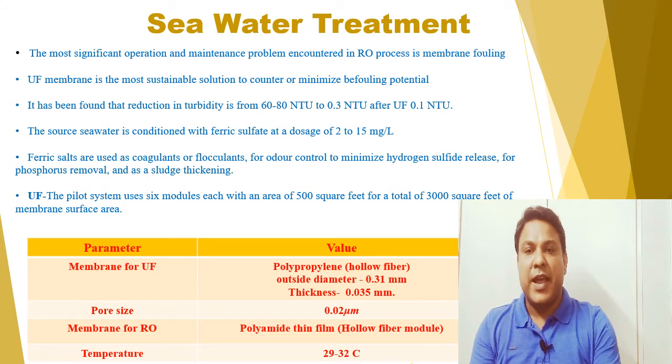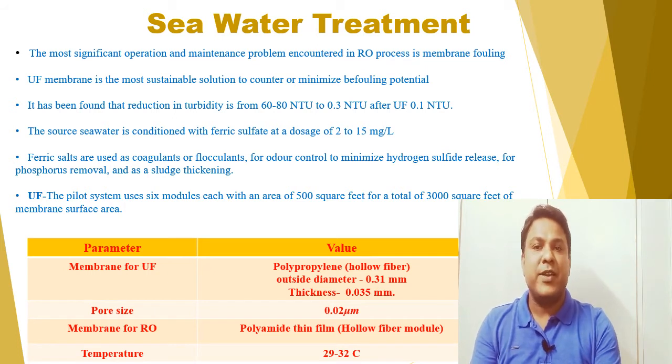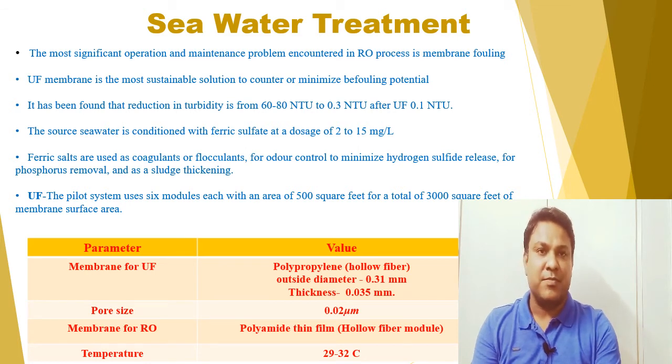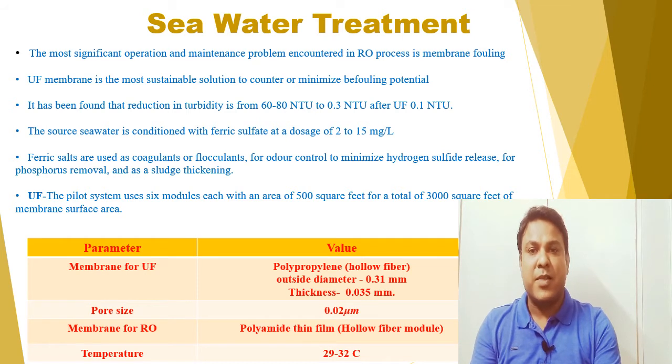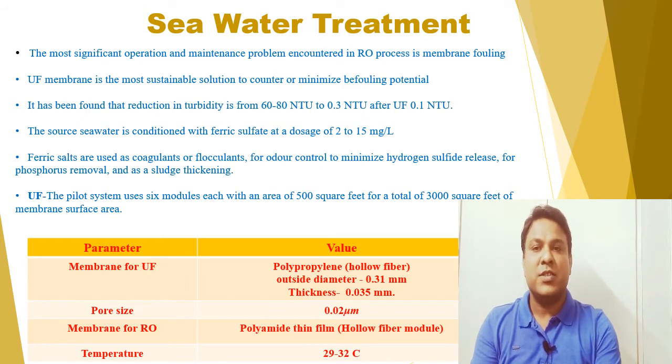NTU stands for nephelometric turbidity unit, the unit used to measure the turbidity of a fluid or the presence of suspended particles in water. It has generally been observed that the higher the concentration of suspended solids in the water, the dirtier it looks and the higher the turbidity is.